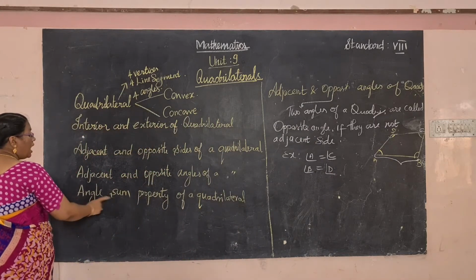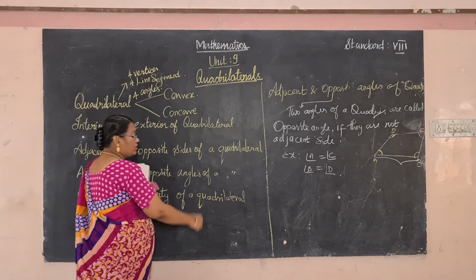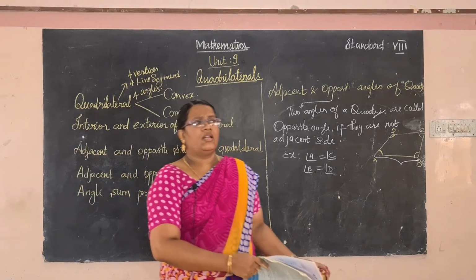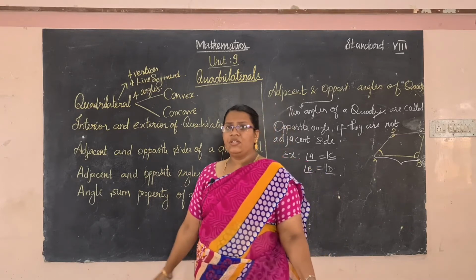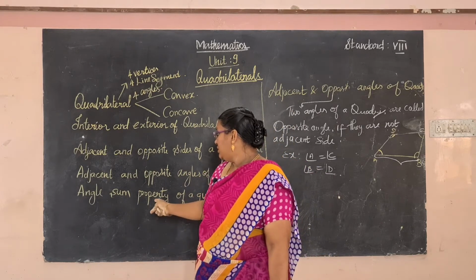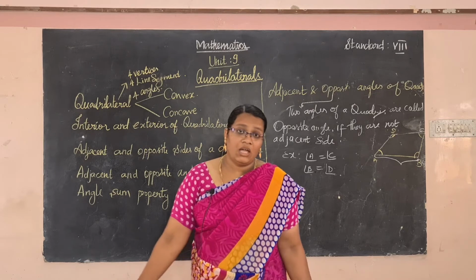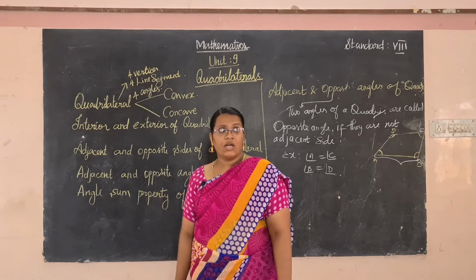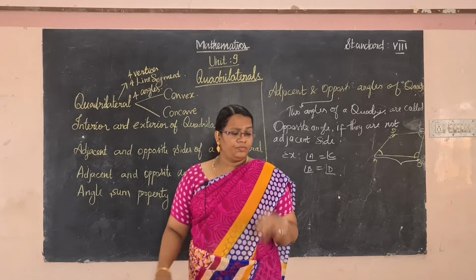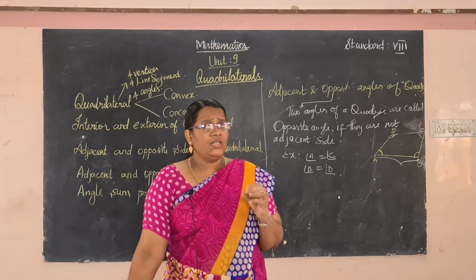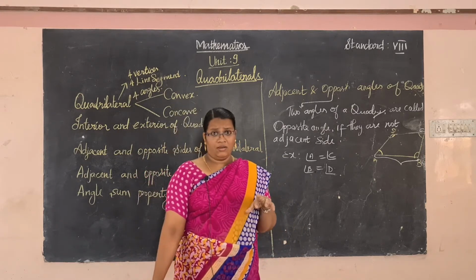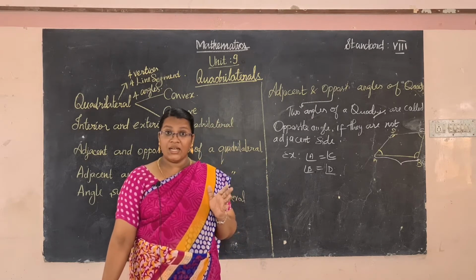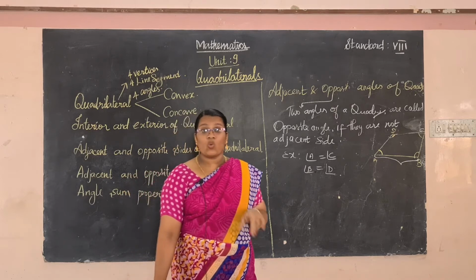And the final one, angle sum property of the quadrilateral. In this also we have learned in the last year, is it? Angle sum property of triangle means the sum of three angles in a triangle is 180 degrees.